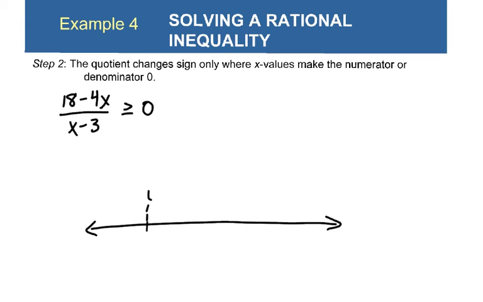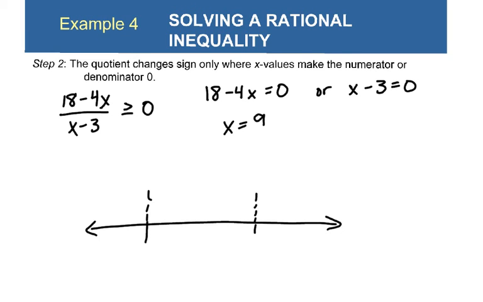So I'm going to draw a number line here. We're going to end up finding two values. One of them comes from setting the numerator equal to 0, and then setting the denominator equal to 0, and then solving for x. So for this x value, we get 9 over 2, and then for this x value, we get 3.